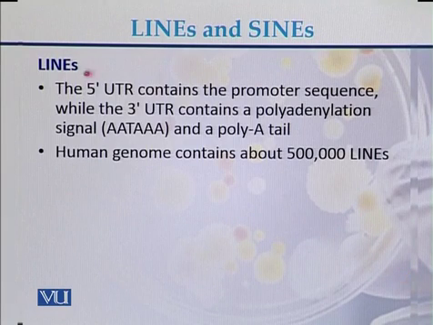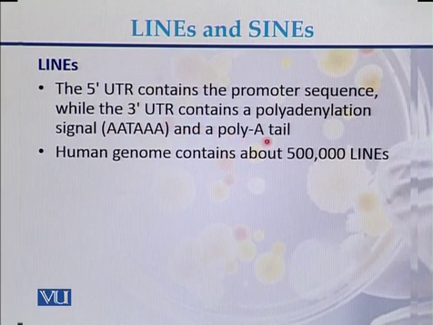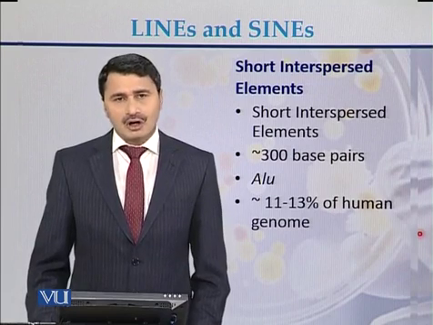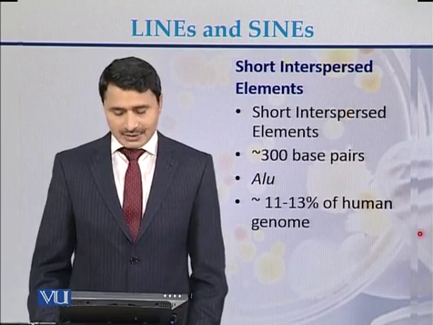The 5' UTR region of LINEs contains promoter sequences, while the 3' UTR region contains a polyadenylation signal or a poly-A tail. In the human genome, there are approximately 500,000 LINEs present throughout the genome.